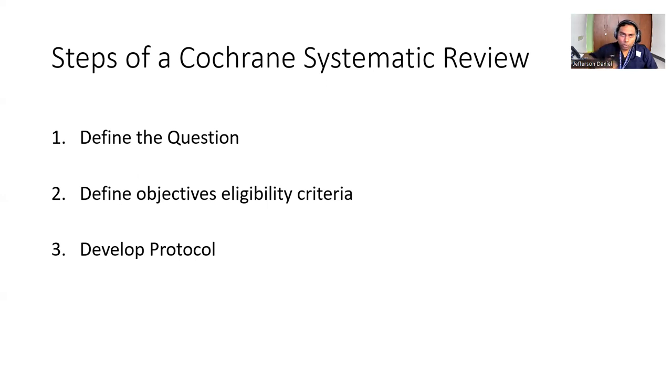Third is developing a protocol, which we are all doing right now. Okay, so a protocol has various sections. You have to predefine what kind of patients you're going to choose, what kind of studies you're going to include, which languages, which databases you will be searching, and what study designs you're going to include, that we're going to see in the second half of this class.